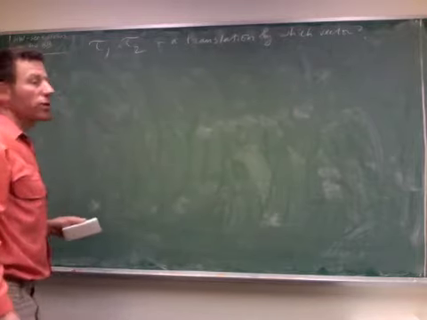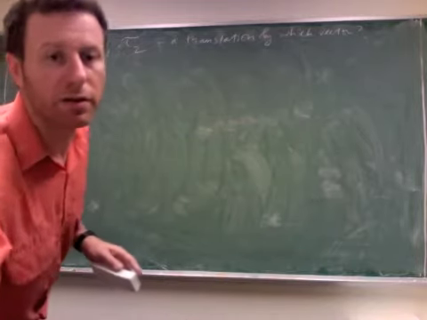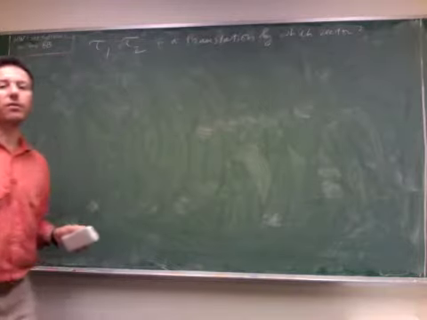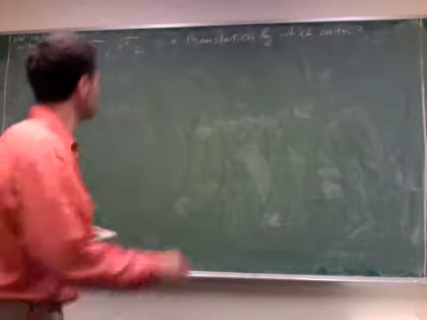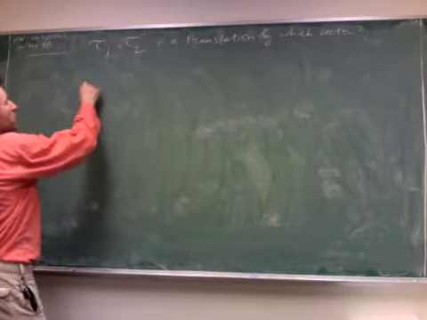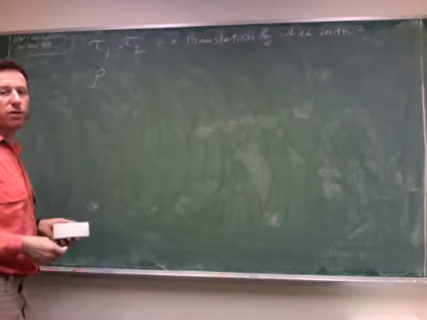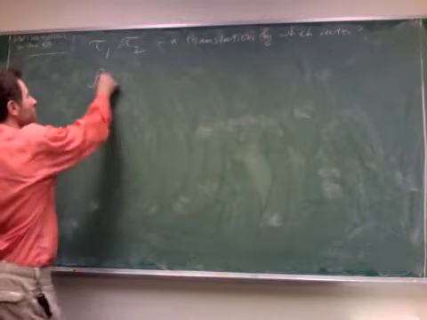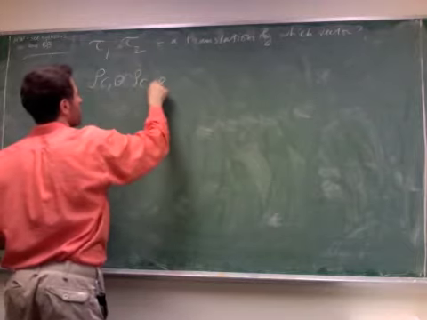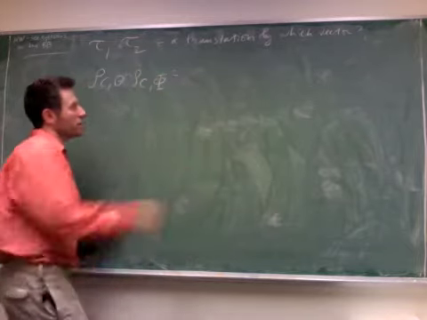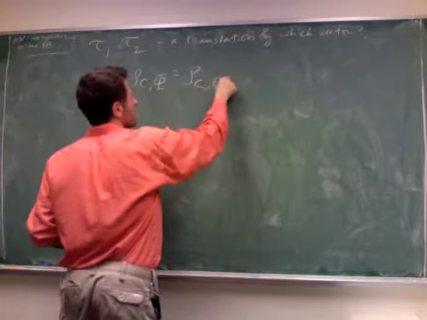So let's look at the composition of two rotations. We have two rotations about, let's say, the same center. Then the situation is obvious. We know the answer: C theta rho C phi will be a rotation about the same center by theta plus phi.